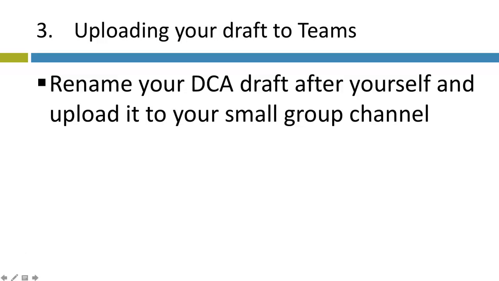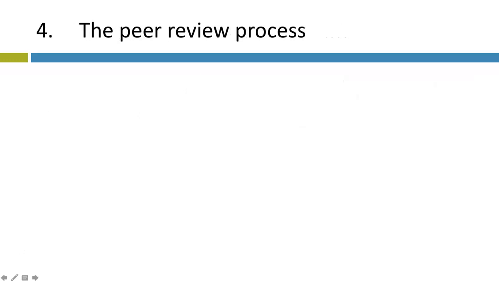And we're doing that so that anybody in your group who's going to do a peer review knows whose draft it is. Once you have renamed your rough draft after yourself, then you can upload it to your small group channel on the class team. Now let's talk about the peer review process.